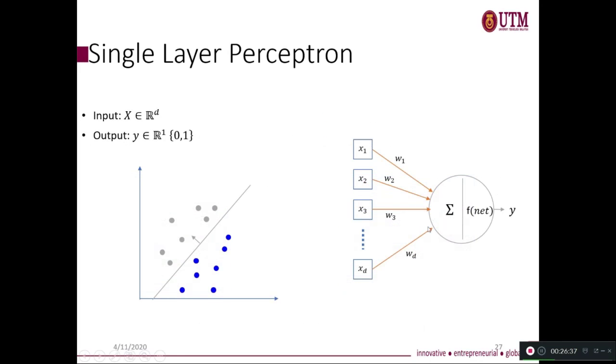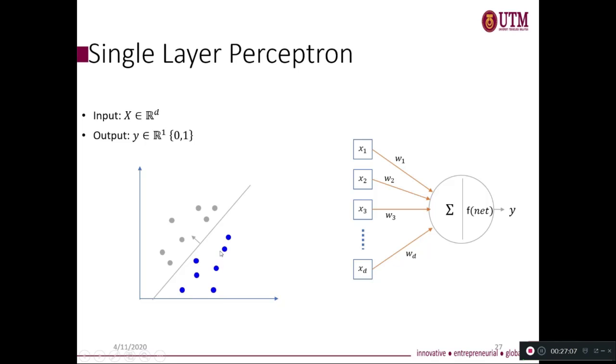I think this has been learned before, if I am not mistaken. If you just have a single neuron, what will happen? This single neuron, like I mentioned before, can only represent a hyperplane, or the function that represents the boundary that separates between two classes.